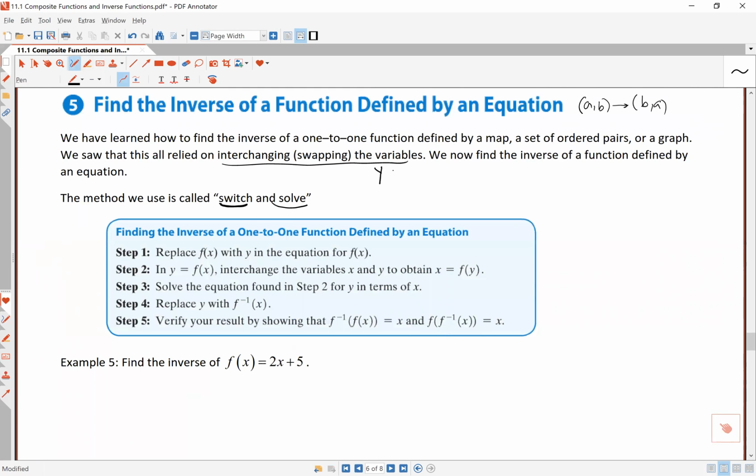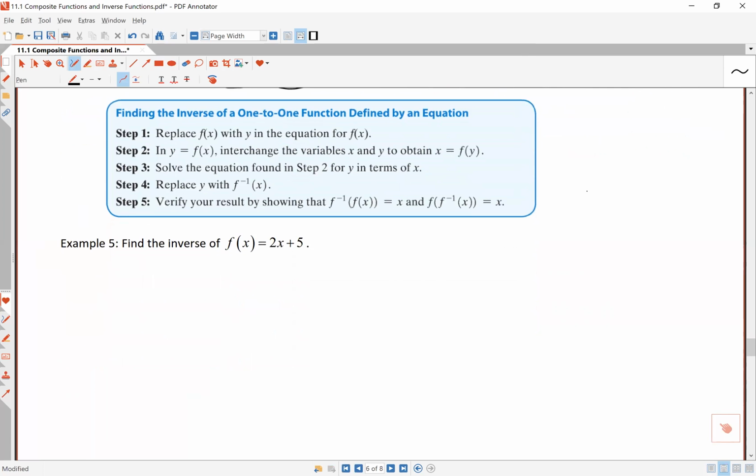We know that when we have functions, y is the function. y equals the inverse. So what we're going to do is switch our variables and solve. In order to switch your variables, step 1 says go ahead and put y back in for f of x so that we can now switch.